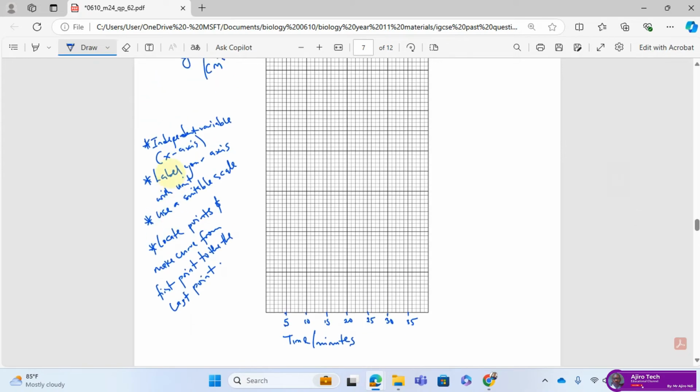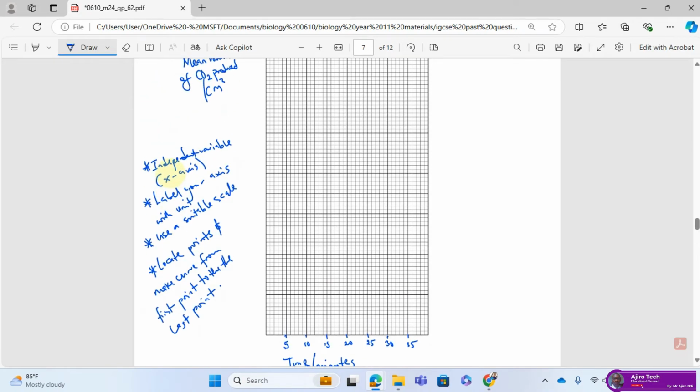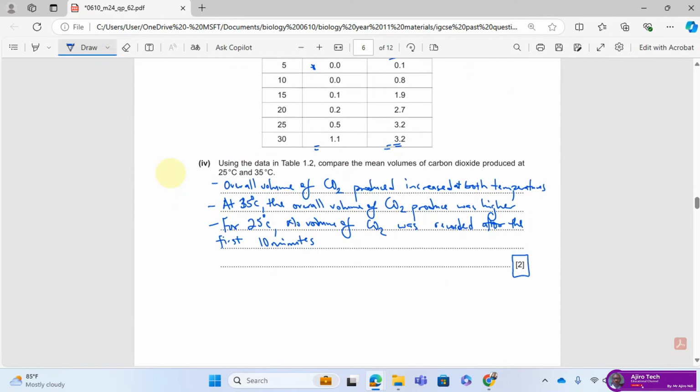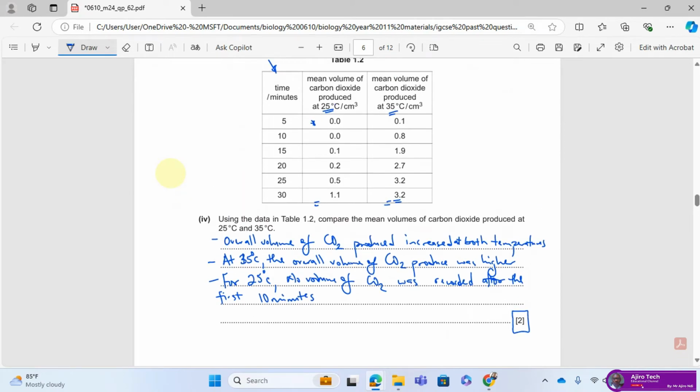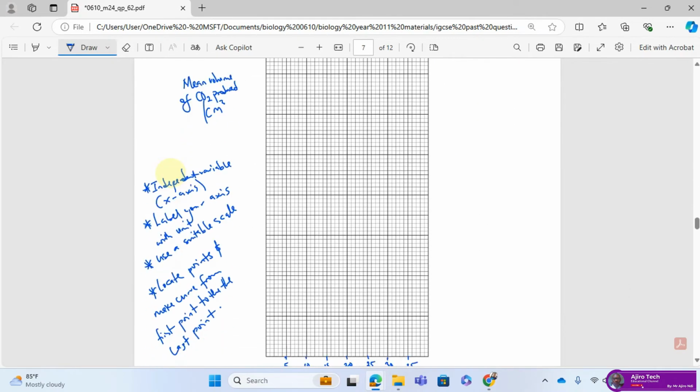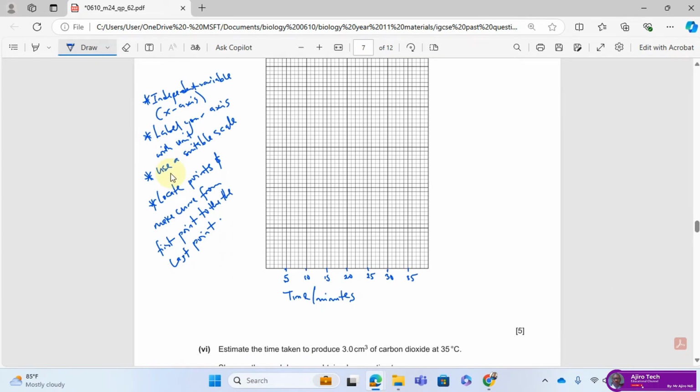Then you go to your scale. I've done the scale for the temperature. The other one will be for the volume, from 0 to 3.2. So with this we can do this easily.